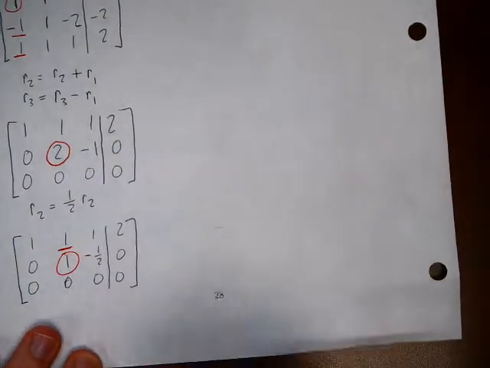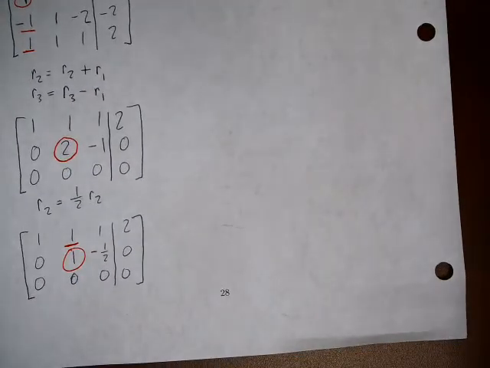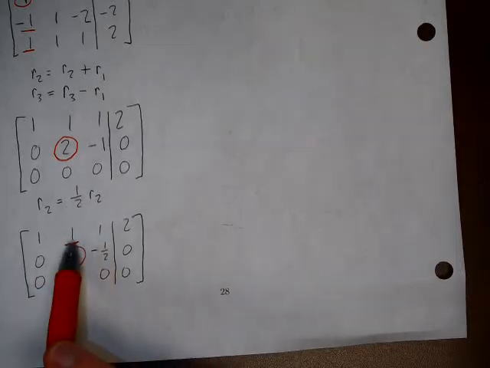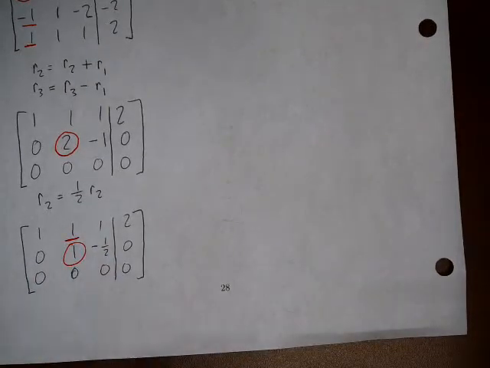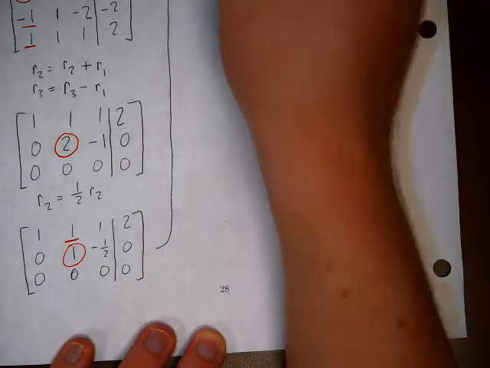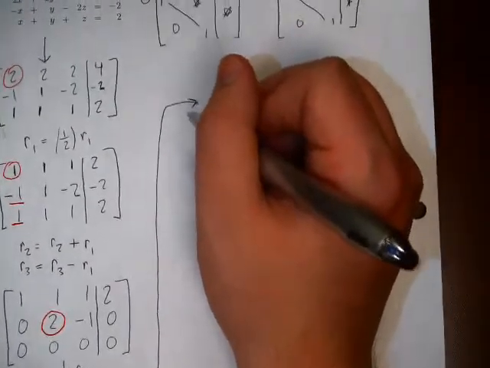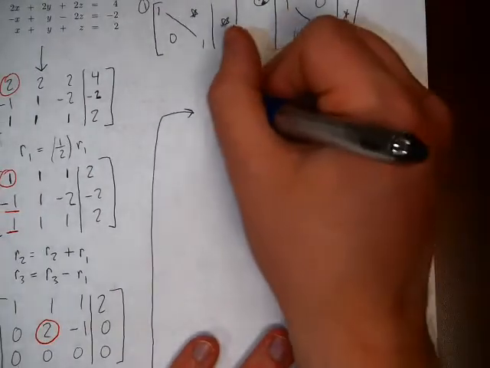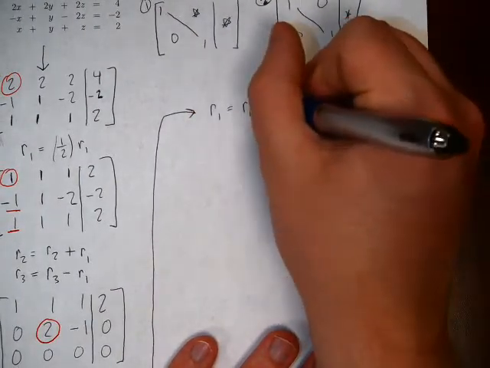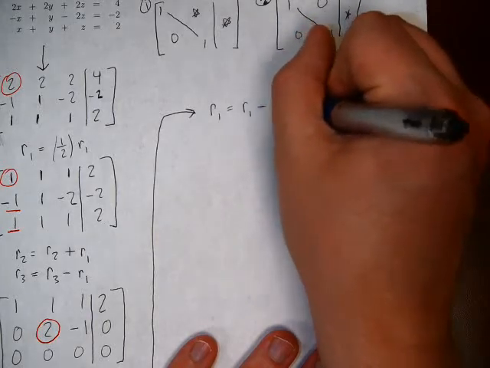And we want to go ahead now, since we're in echelon form, and take out any leading ones or any other non-zero terms above any leading ones we have. So this 1 is the only term we need to take out. So moving up here, we'll have row 1 equals row 1 minus row 2.